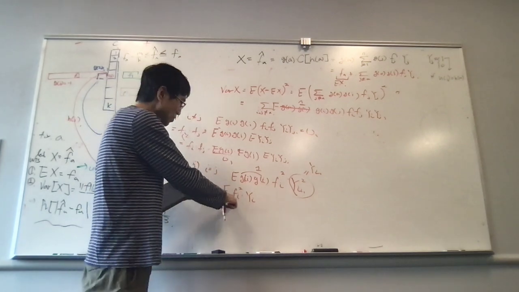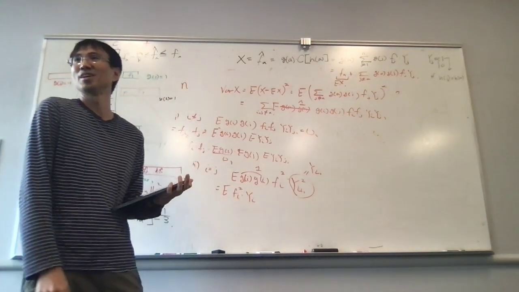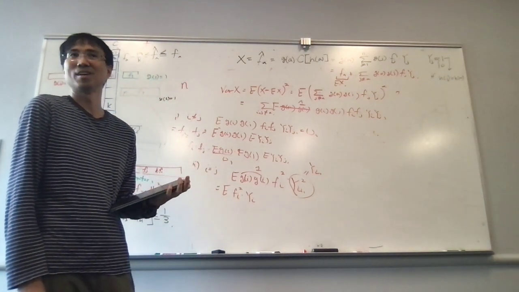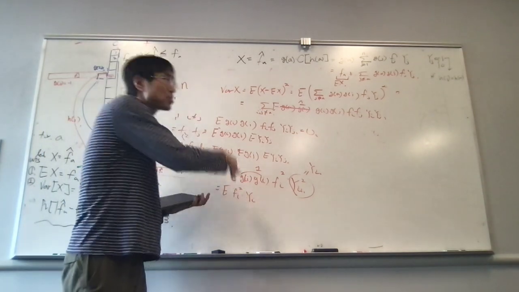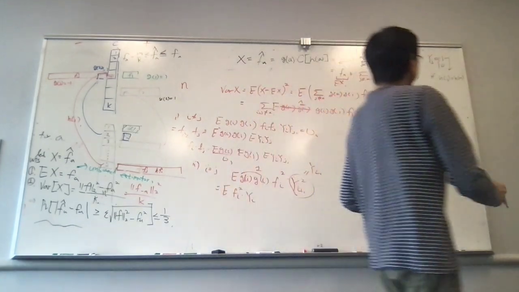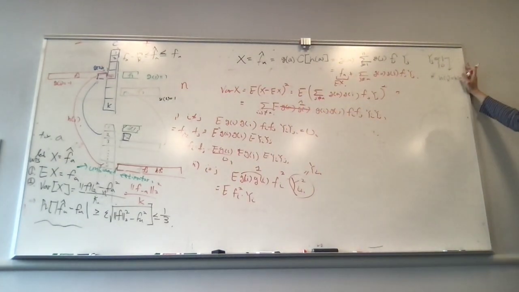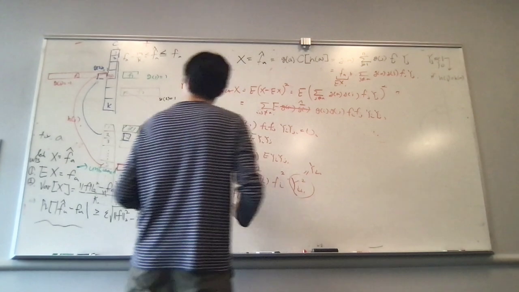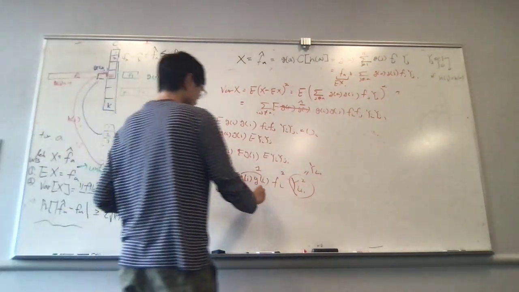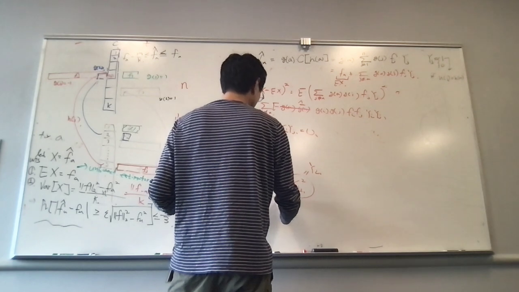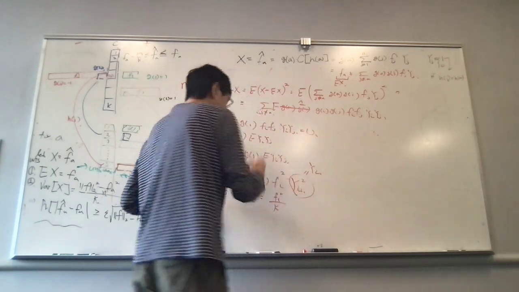So what's its value? What is the expectation of y_i? The probability that i and a collide. How many slots do we have? We have k slots. So we'll have f_i squared divided by k.